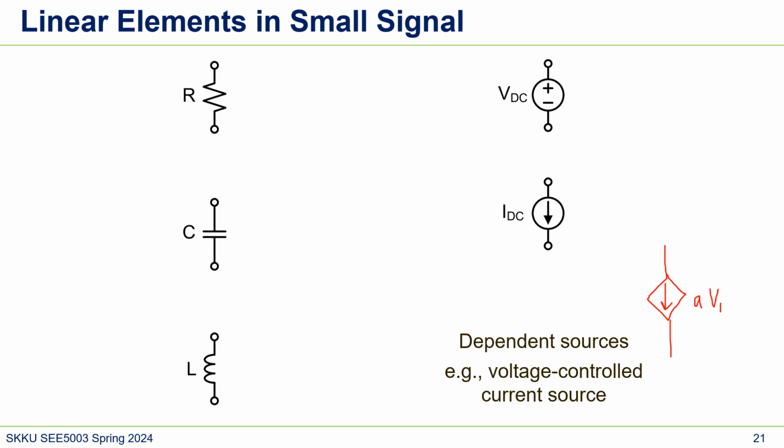And maybe somewhere in the circuit there is some V1. Dependent sources are kind of an active circuit that measures some voltage from somewhere and then applies the corresponding amount of current here. We'll see dependent sources, especially this one, in our MOSFET small signal model. So we'll use it all the time.